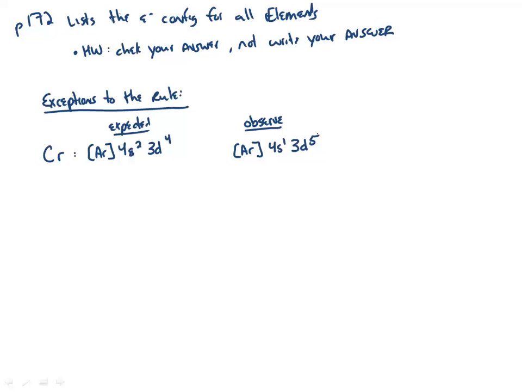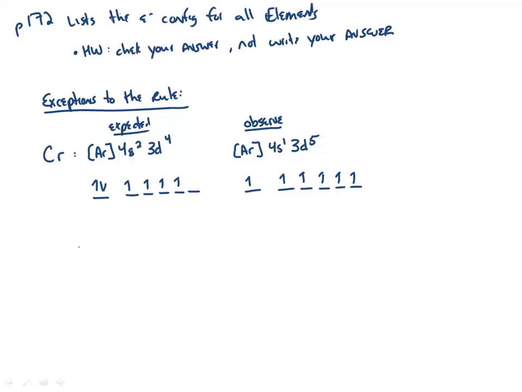In the expected case, we would expect the s orbital to be full and the d orbital to have 4 unaligned spins. But what we observe is that really the d orbital is half full and the 4s1 orbital is half full. So here we've got something that looks like this, and then we've got 1, 2, 3, 4, 5, and we really have 6 electrons that are all spin aligned in there.